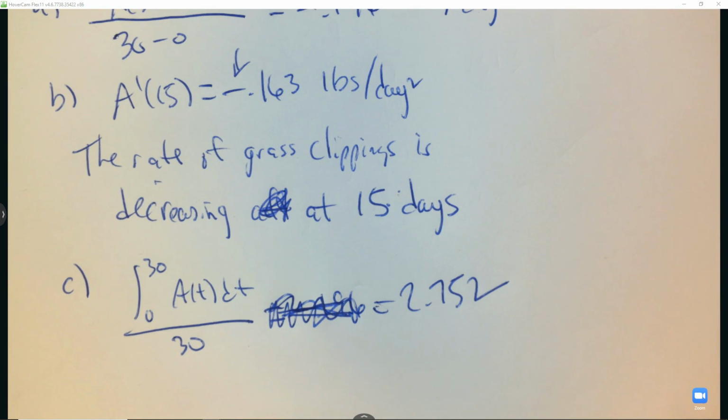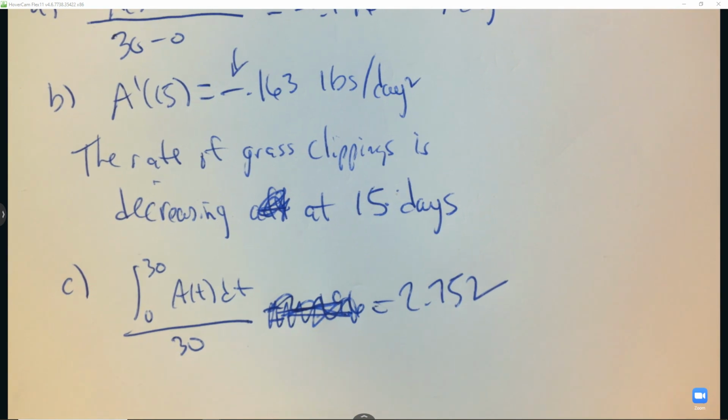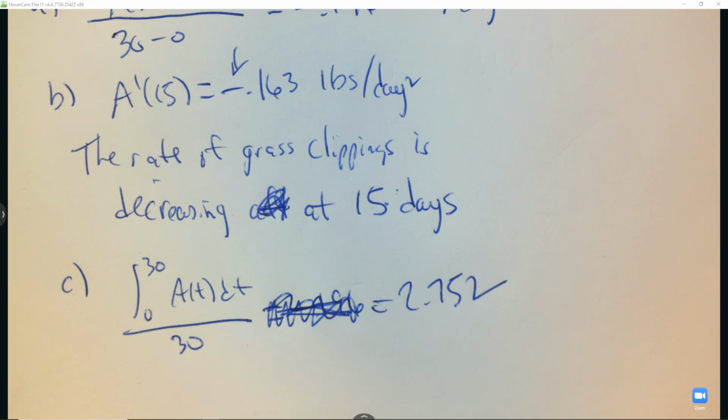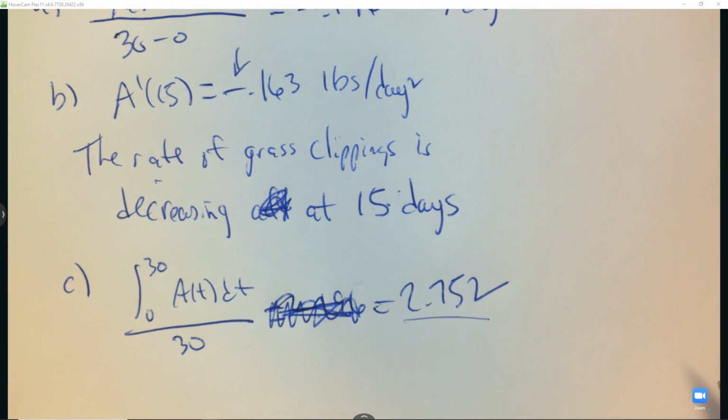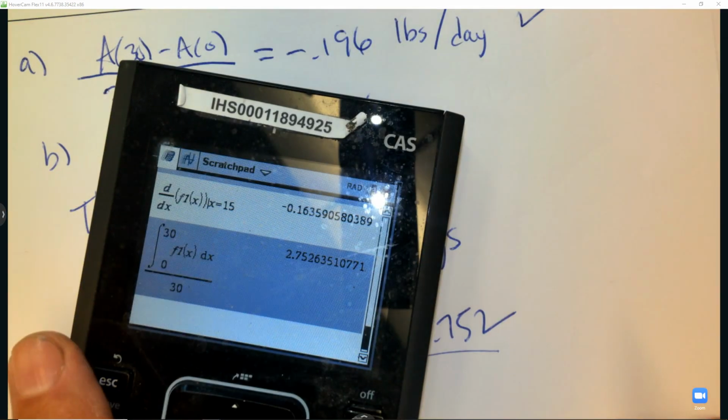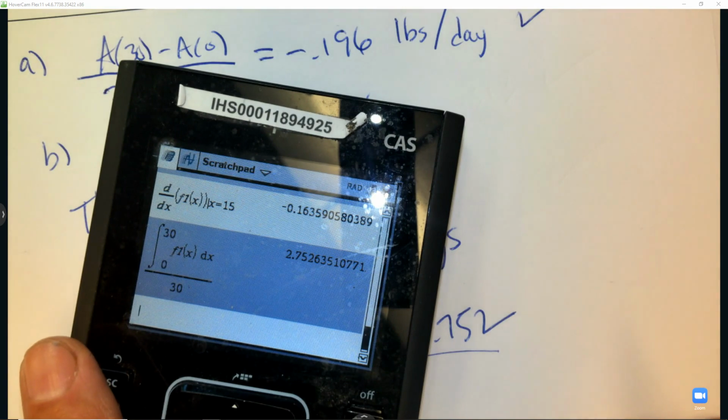And see, that's not the answer, right? It says equal to the average amount of grass. I typed it in right. 0 to 30 over 30.